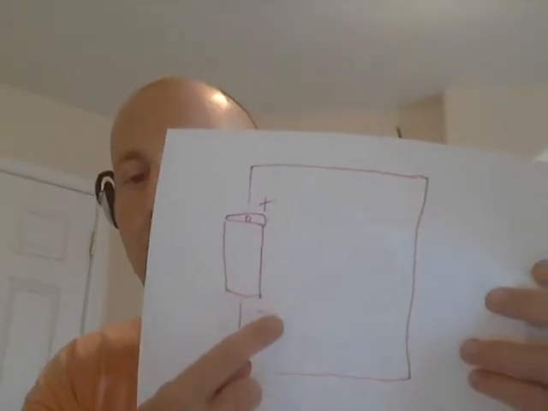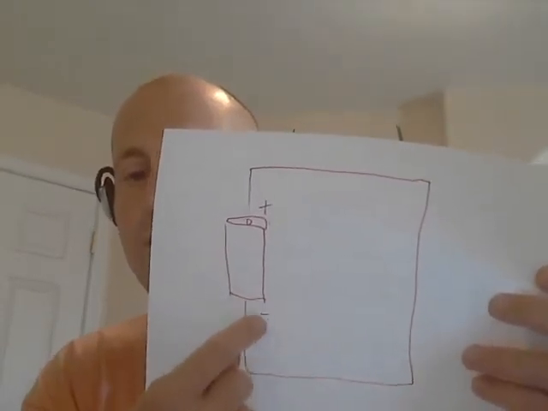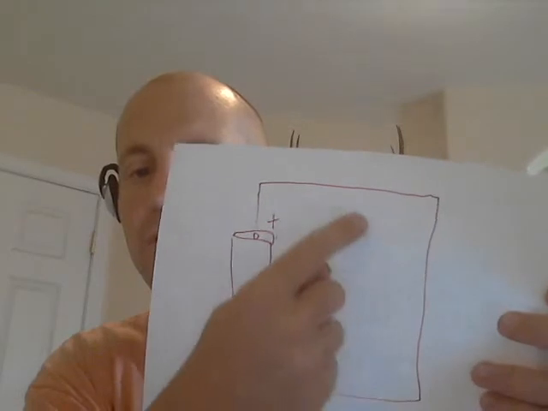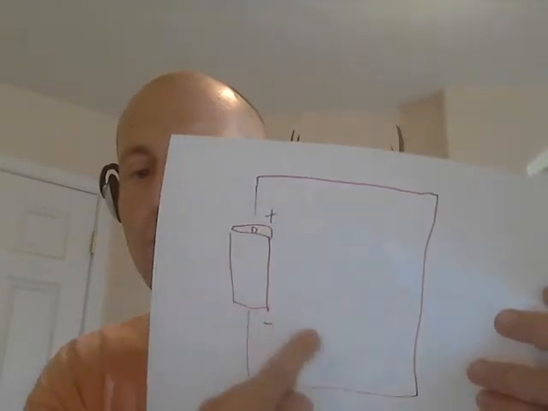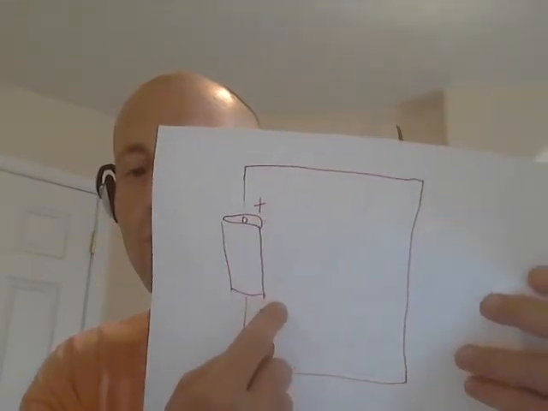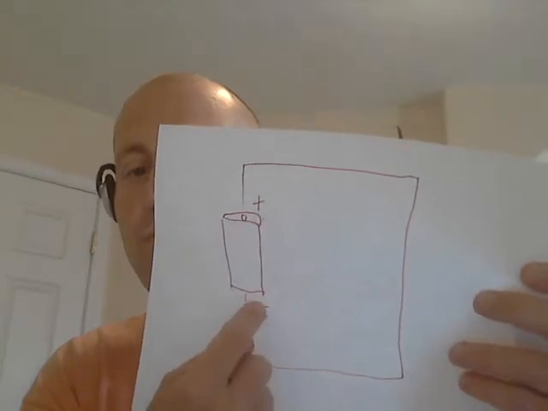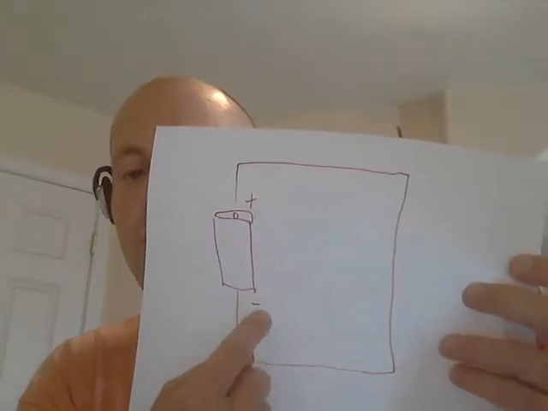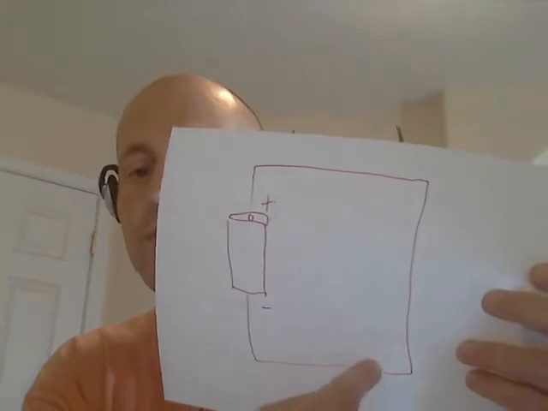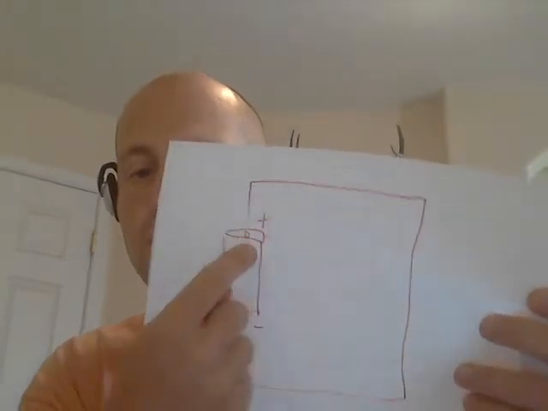But the important point here is that this flow of electricity never reverses itself. When we close the switch, the electricity will always flow, when we're hooked up to a battery, from the negative side to the more positive side.